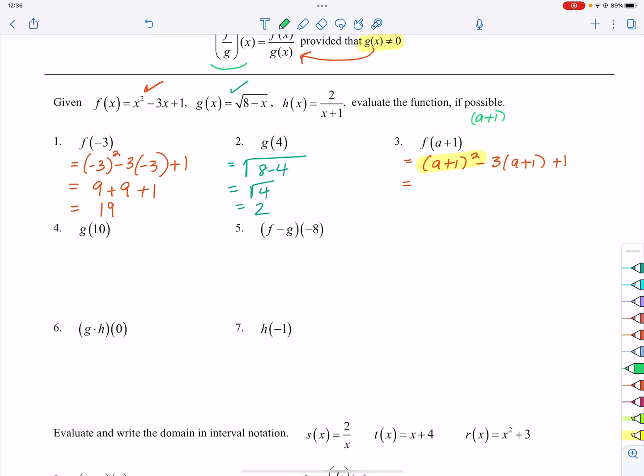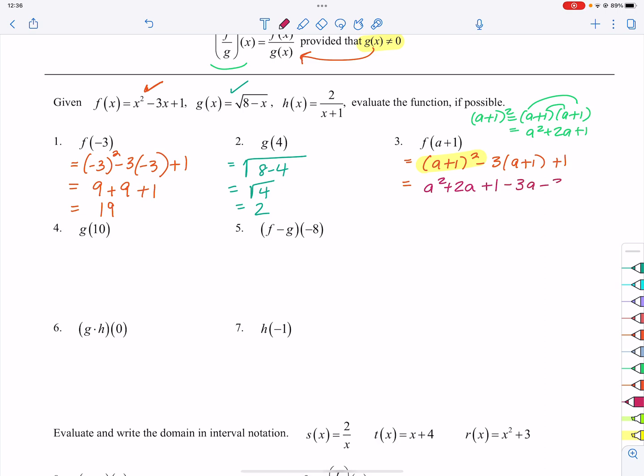So a plus 1 all squared is a plus 1 multiplied by a plus 1, and that's a squared plus 2a plus 1. So there's 1a and 2a for the outer and the inner. Okay, so that comes out to be a squared plus 2a plus 1.